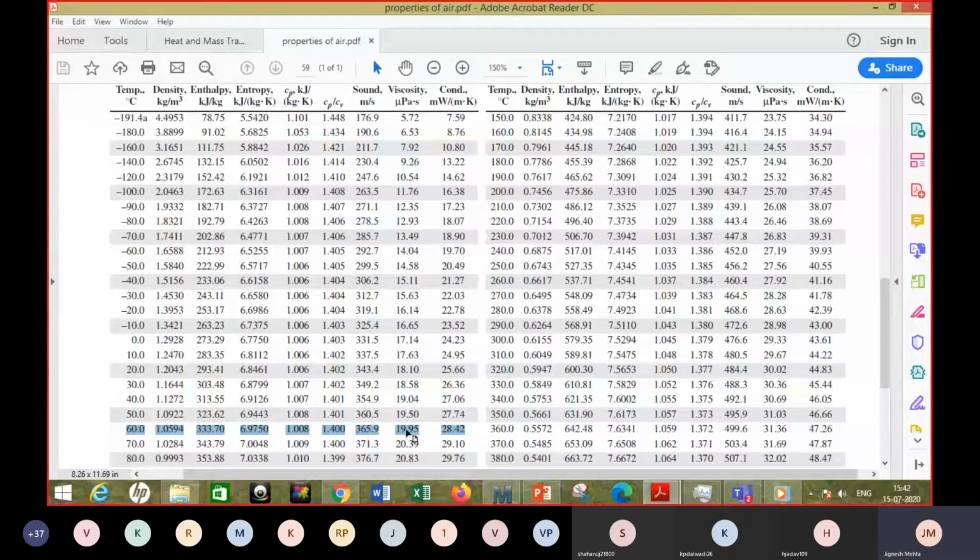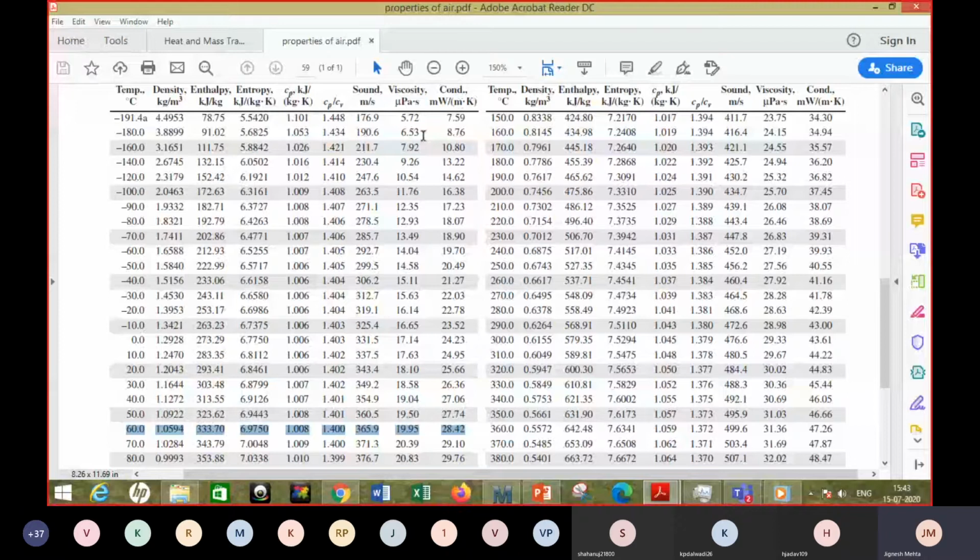Viscosity is one thing that you will need. That is 19.95 multiplied by, this is micro, so multiplied by 10 raised to minus 6 Pascal second, or Newton second per meter square, or kg per meter second. They are all one and the same units. And thermal conductivity, if you need it, is 28.42, but it is in milliwatt per meter Kelvin.